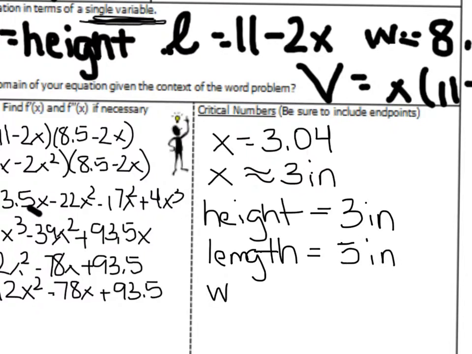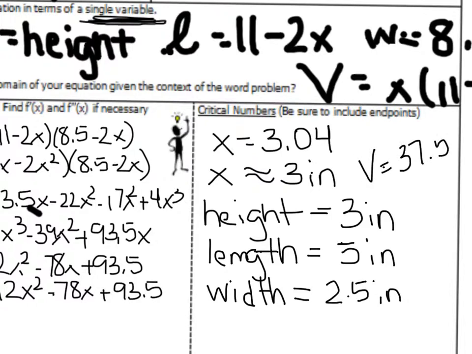And the width will be 8.5 minus 2 times 3, which is 2.5 inches. And when I multiply these dimensions together, I get a volume of 37.5 inches cubed.